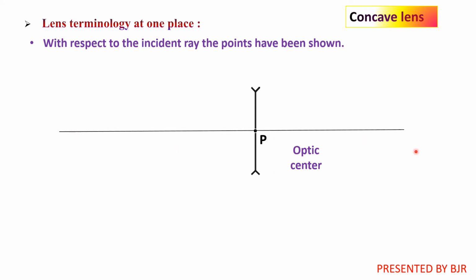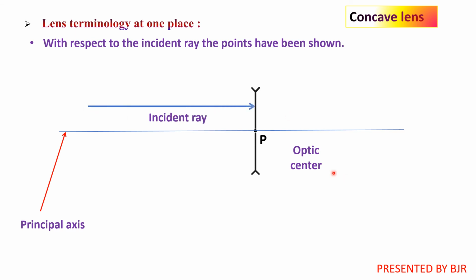This one is the principal axis, and this is the incident ray. Okay, with respect to the incident ray, we have to show which side is C1 and which side is C2. So this left side is the first curved surface. As it is the concave lens, it will be like this. So C1 is left side and C2 is right side.